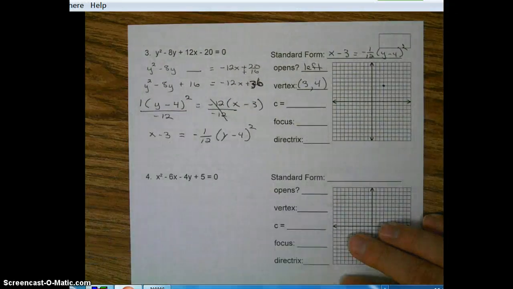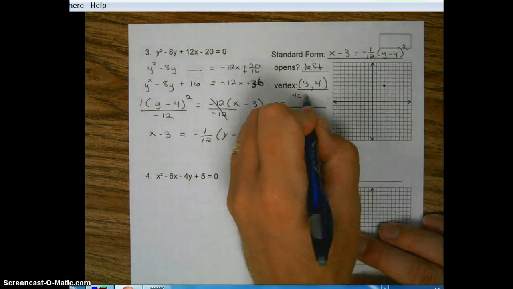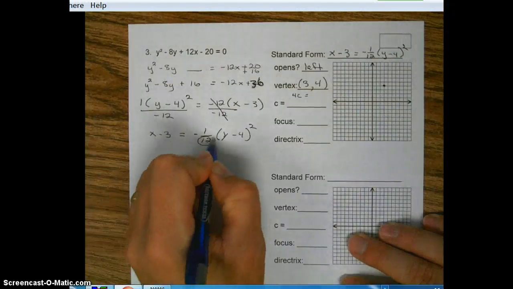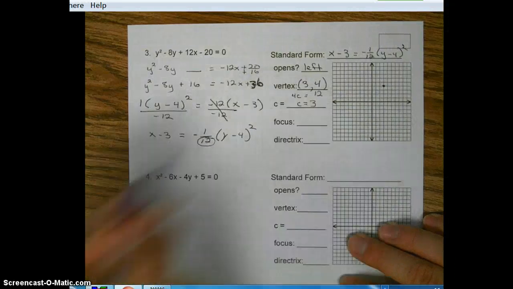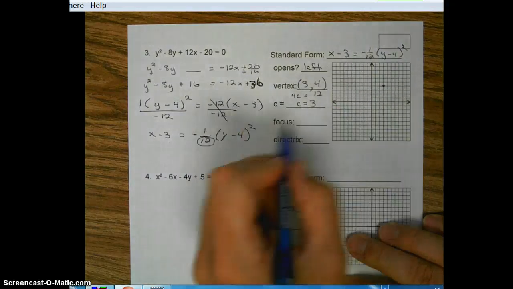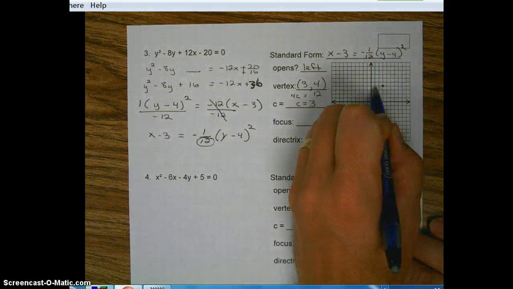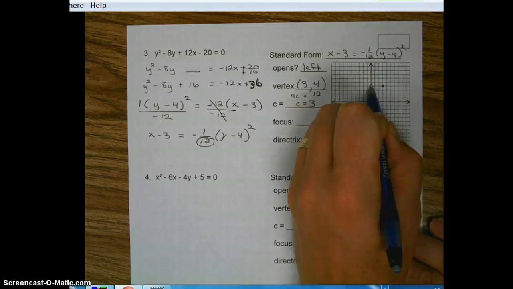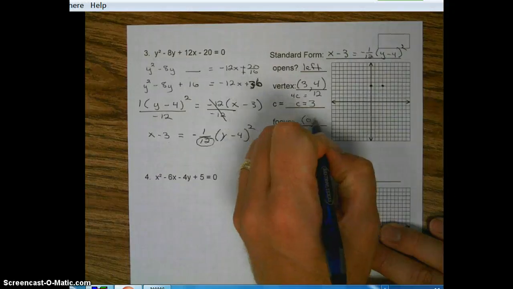Okay. Using my little formula, 4c equals 12, so c equals 3. So from here, we know it's opening to the left, so my focus is going to be 3 units over, which is 0, 4.